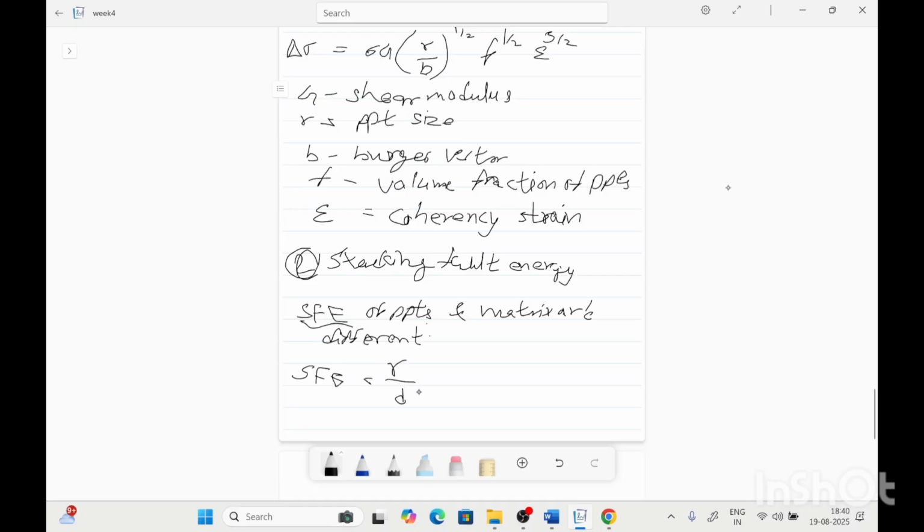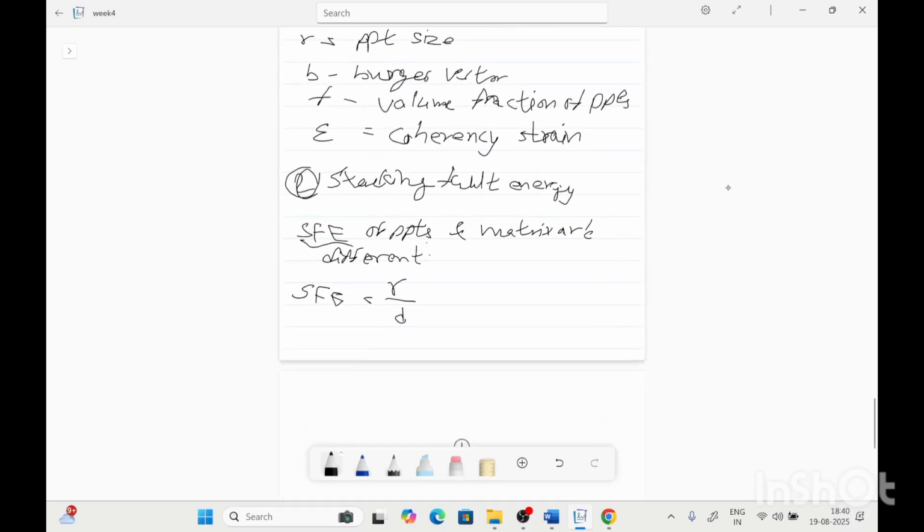So the spacing between the stacking faults generated in the precipitate or matrix will define their energy.